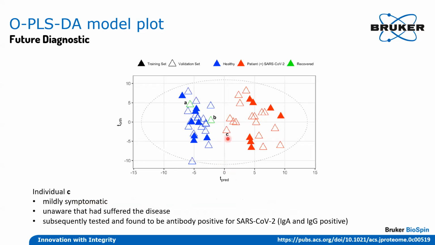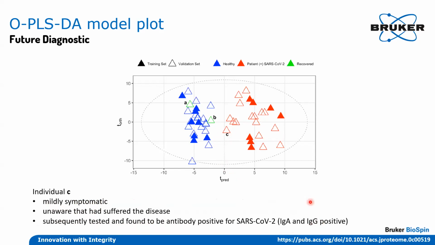Okay. So interestingly, the sample from the C, it shows that this is a patient with mild symptoms who was unaware that they suffered from the disease, but subsequently tested and was found to be antibody positive, SARS-CoV-2 IgA and IgG positive.